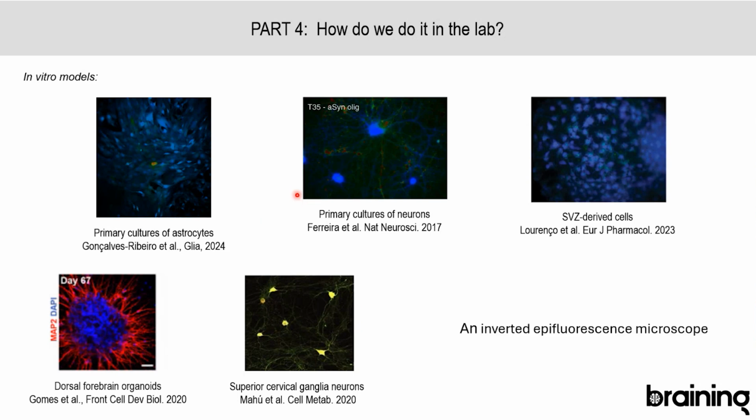So we have in the lab an inverted epifluorescent microscope. Since we have this type of microscope, we can only observe the calcium signaling in cells that are in a monolayer in the plate. Because if we had not an inverted one, but a microscope that has the objectives on the top, we could also do it in slices, because we could have a working distance that would allow us to go a little bit inside the slice.